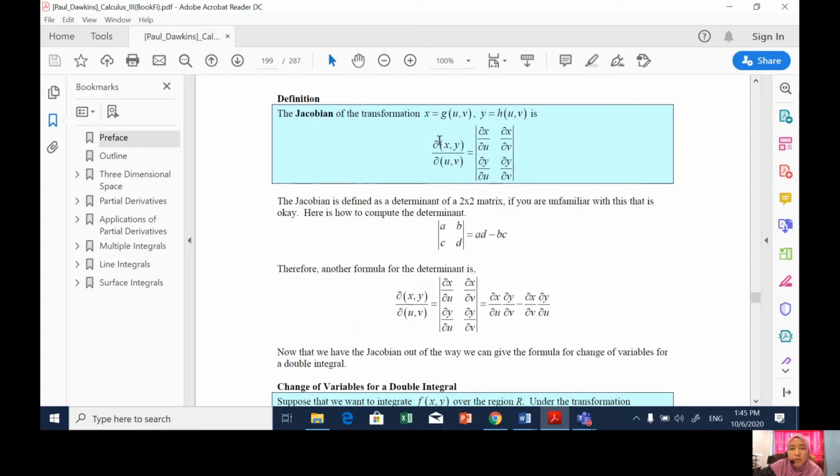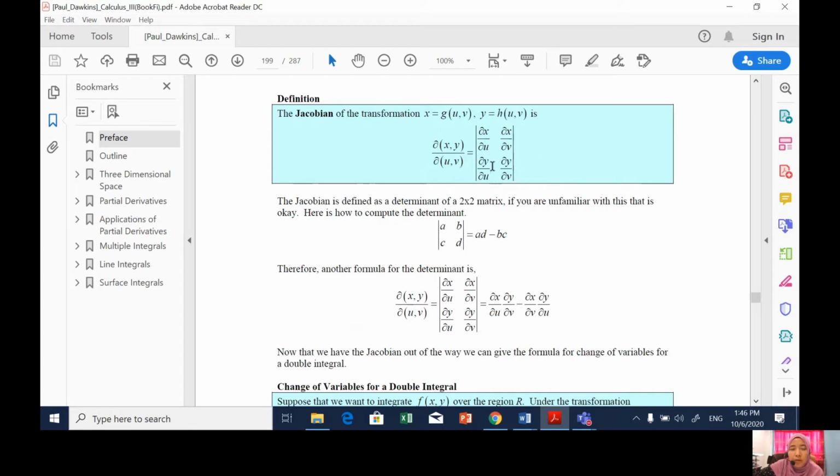This symbol refers to the partial derivative of (x, y) with respect to (u, v). The one on the right hand side we call the determinant. You have seen this determinant symbol in Engineering Maths 1, how we find the determinant of a matrix.